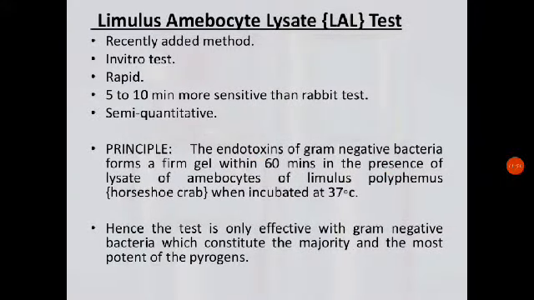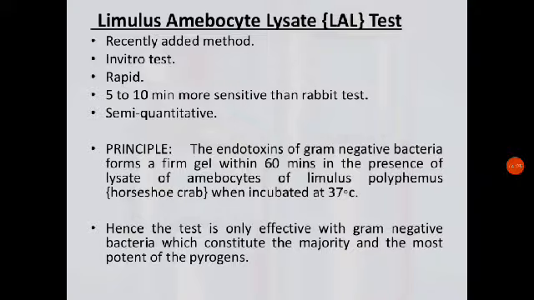Then the bacterial endotoxin test, it is called the LAL test, that is Limulus amoebocyte lysate test, and this is an in vitro test method. It is more rapid than the rabbit test, and it is semi-quantitative also.